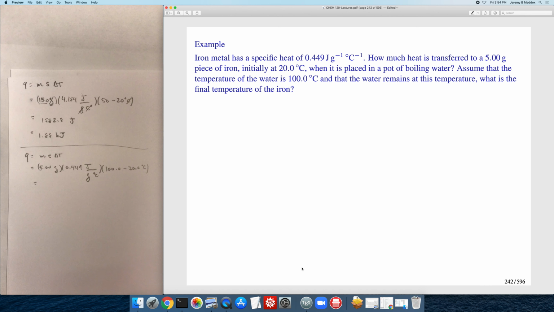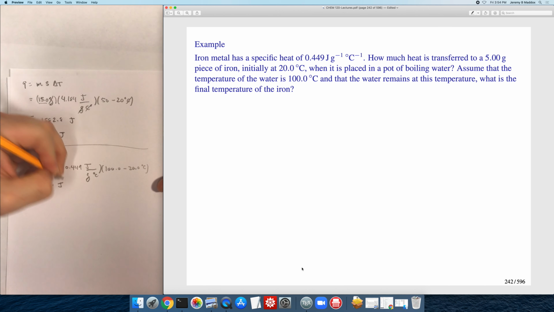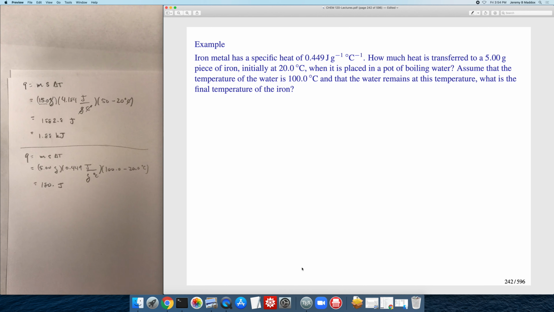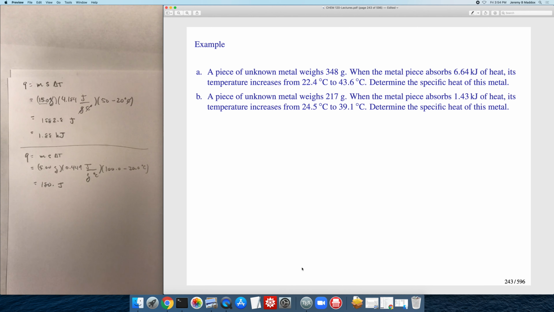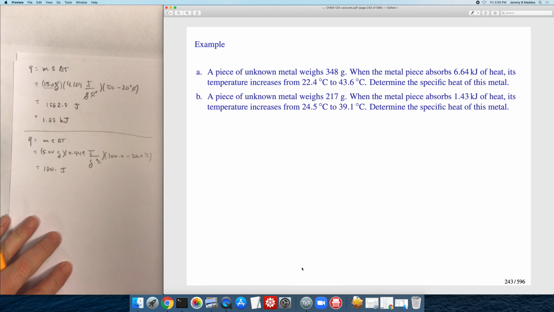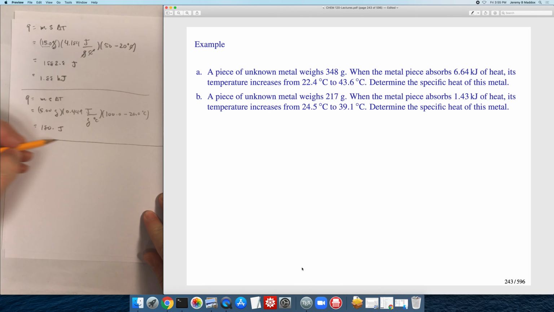So we've got an 80 degree temperature difference times the specific heat. I'm getting 180 point joules out of that calculation. Okay. Let's see. Here are just some different variants of the same equation.